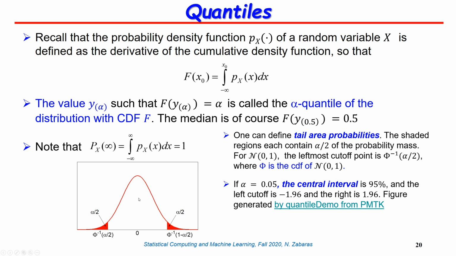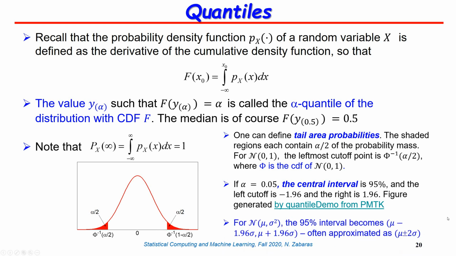This is what we call the 95% central interval of the standard Gaussian. If you go to the tables of the CDF of a standard Gaussian and plug in alpha equals 0.05, this point comes to be minus 1.96 and this point comes to be 1.96. Often we use the approximation minus 2 and plus 2.